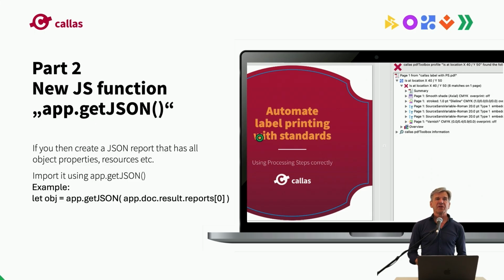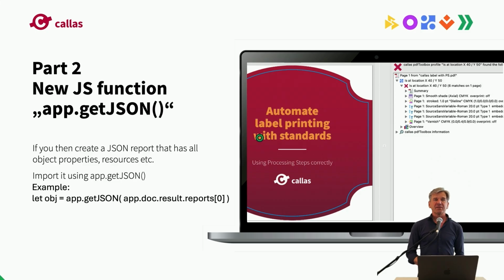And then we want to have that JSON report inside of our pdfToolbox JavaScript object. And that is the other thing that we did. That is possible in JavaScript. We have the file path, read the file, and parse it into a JSON and into a JavaScript object.